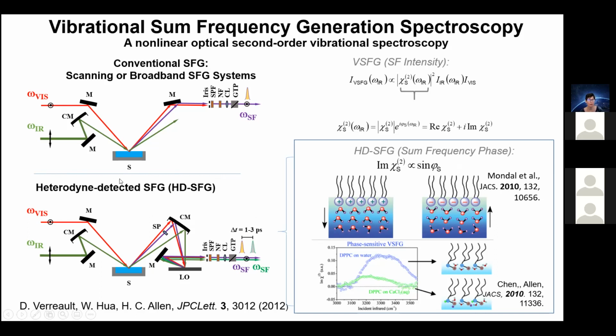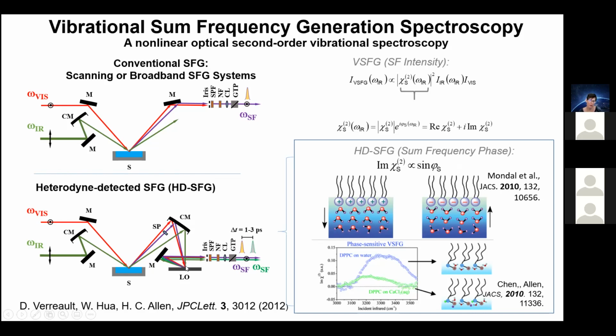And when you hear the words heterodyne or phase resolved, particularly if you're using a femtosecond system, you are taking all three of these beams after you've reflected off the surface: your generated sum frequency, your visible, and your infrared. You collect all three reflected beams, and you pass all three of those beams onto a local oscillator.